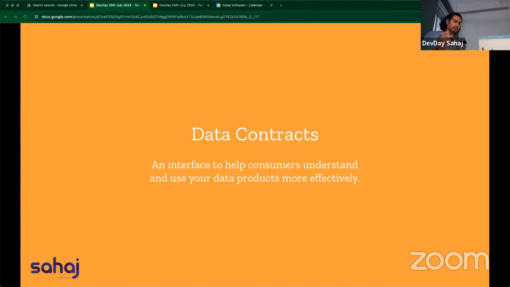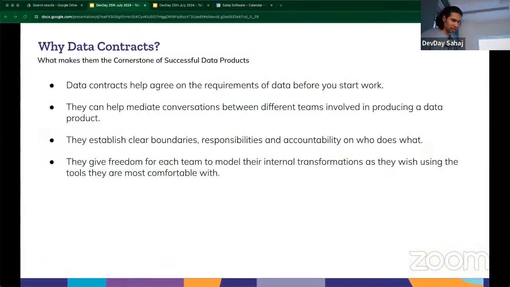This is a contract that you have to negotiate with them. Just like in the world of software engineering, you have APIs or protocols that you establish to talk to other systems. In the world of data, you have data contracts to establish a formal communication channel with all of your consumers and with your producers as well, as you will see.